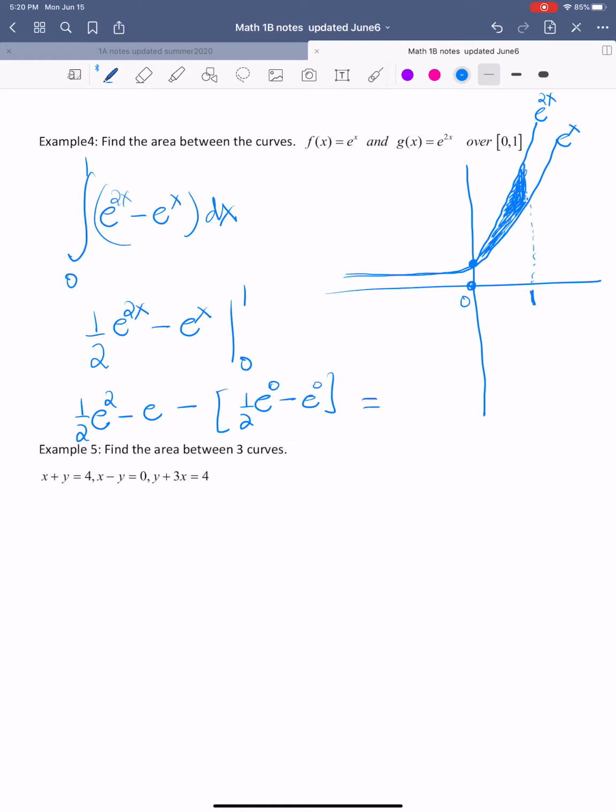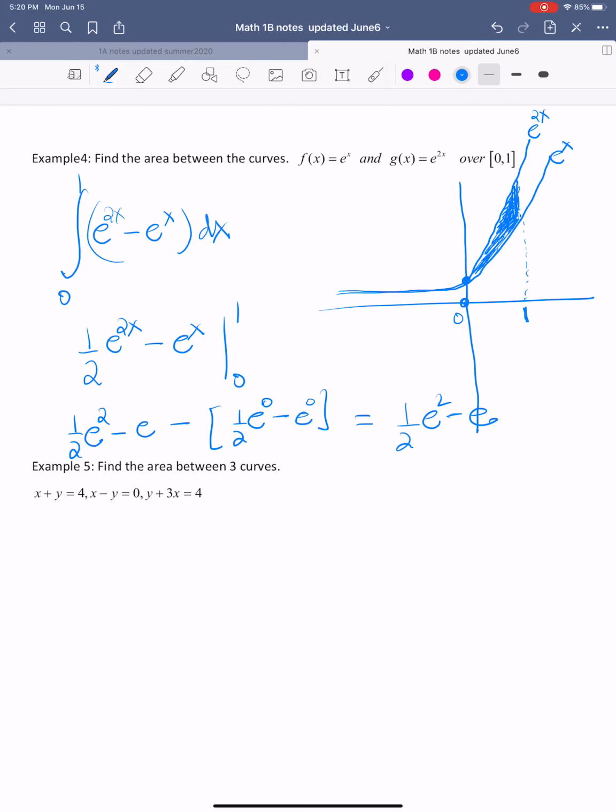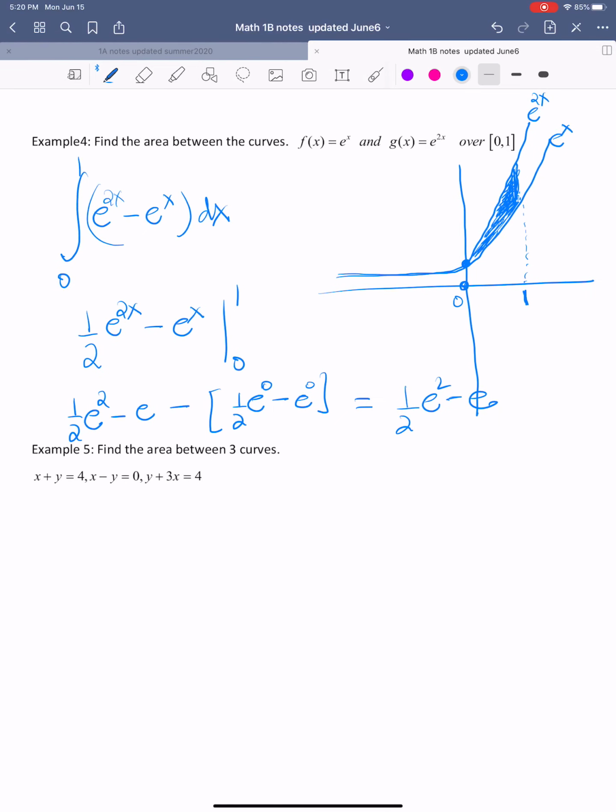Okay, that simplifies to 1/2 e squared minus e, and e to the 0 power is 1, so this would become plus 1, right? So we have minus 1/2 times 1 is just negative 1/2, and this would be minus 1 as well.